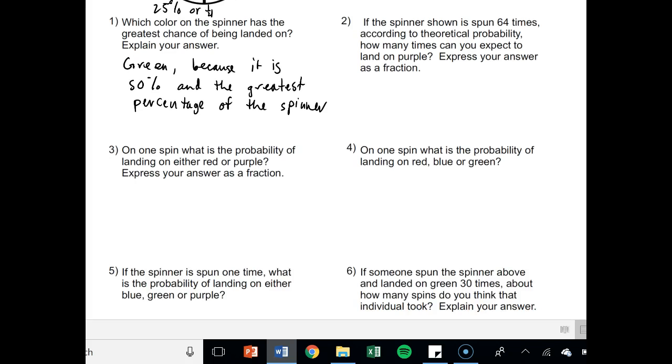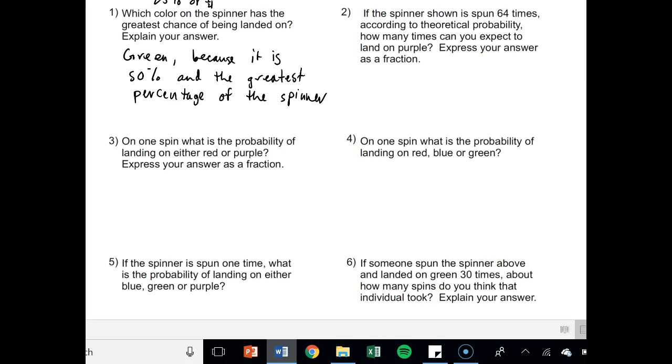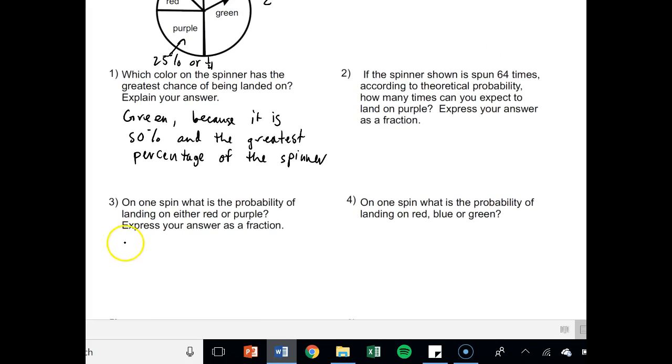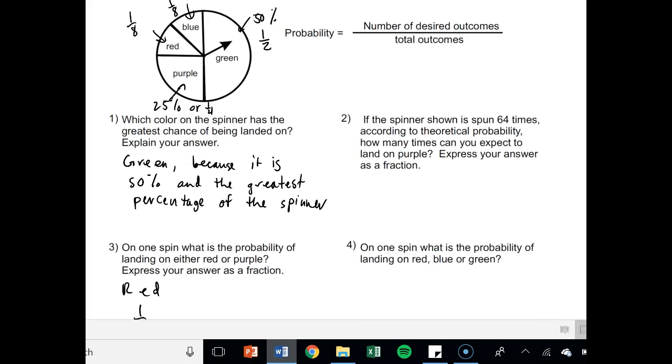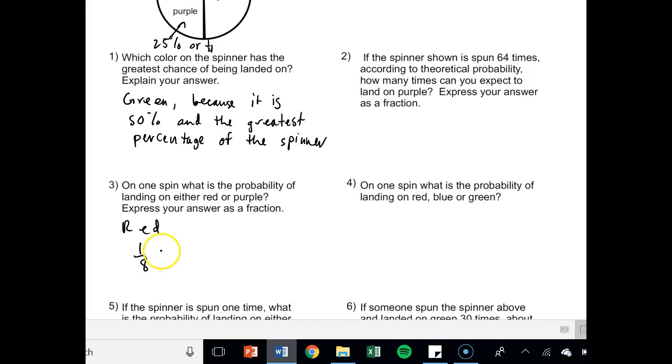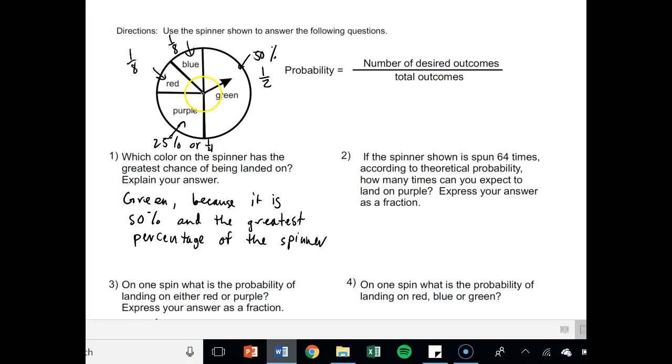Let's do number 3. On one spin, what's the probability of landing either on red or purple? So for red, that's 1/8. Or purple, which is 25% or 1/4. So you're actually going to add these together. Because you're saying, okay, I want to land on this entire section right here.